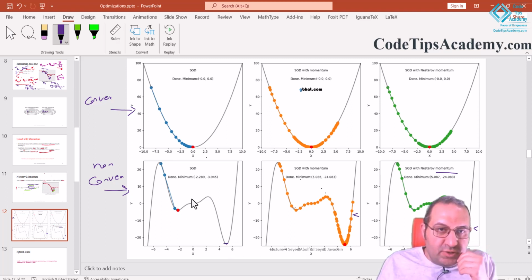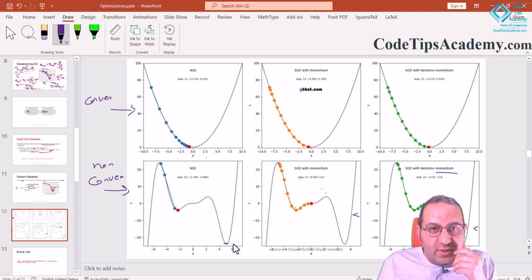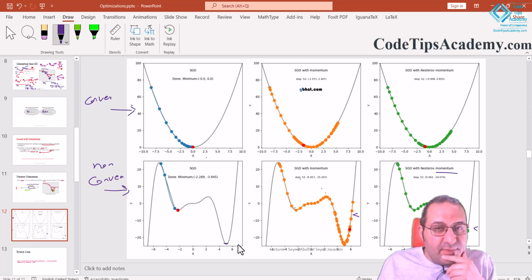Here is the global minimum. Standard vanilla SGD never reached the global minimum in non-convex optimization. An amazing figure that shows everything that I said to you.